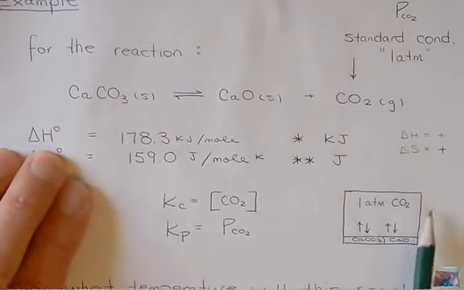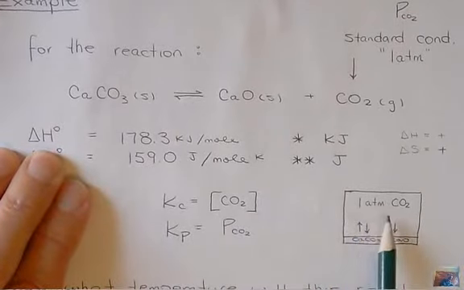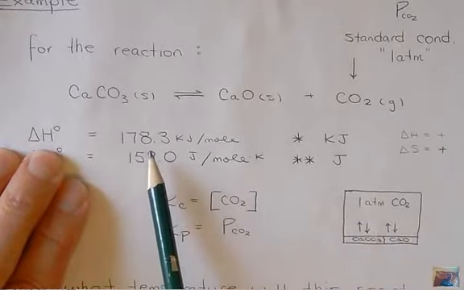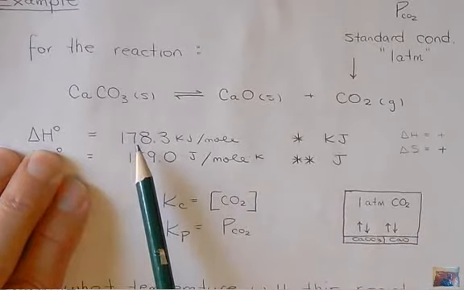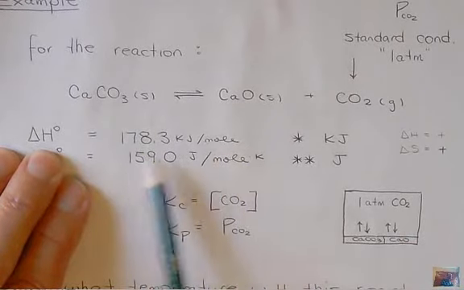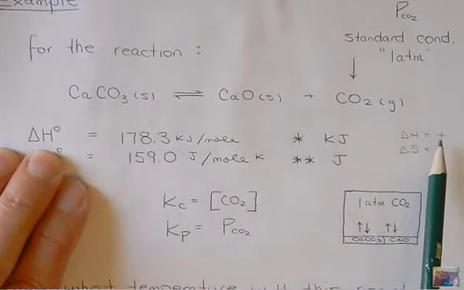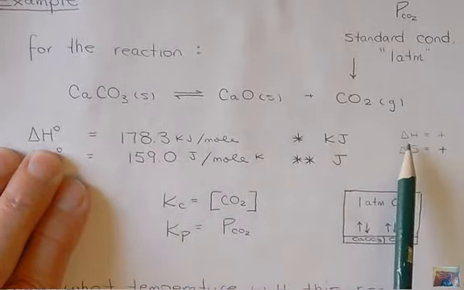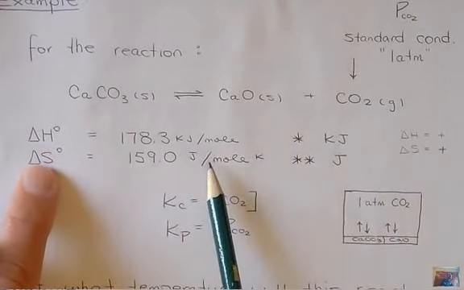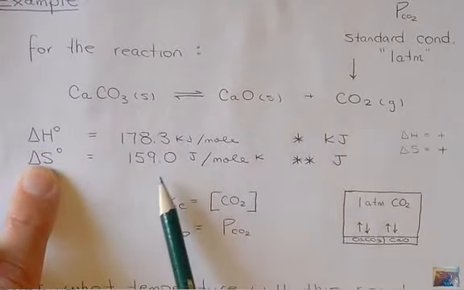So what is delta G? When you run this reaction with 1 atmosphere of pressure up here, that's the standard conditions. Excuse me, what is delta H? Delta H would be 178.3 kilojoules per mole. Okay, so delta H is a positive number. This is an endothermic reaction. This delta H, remember, is going to come out in kilojoules. Delta S for this chemical reaction is going to be positive.